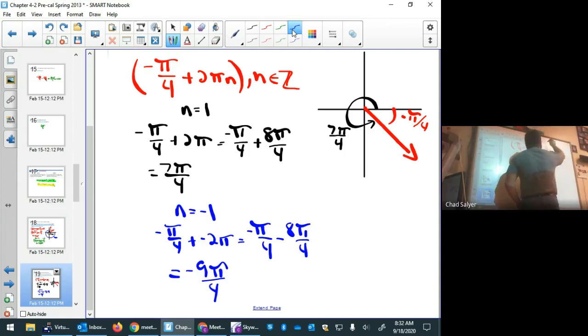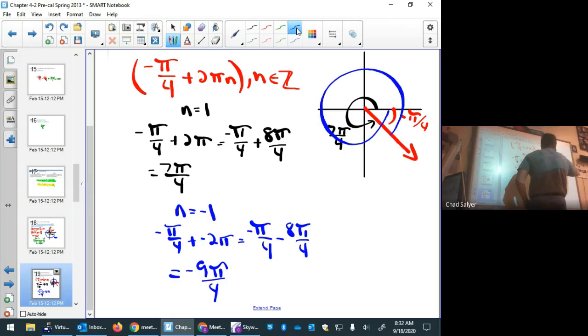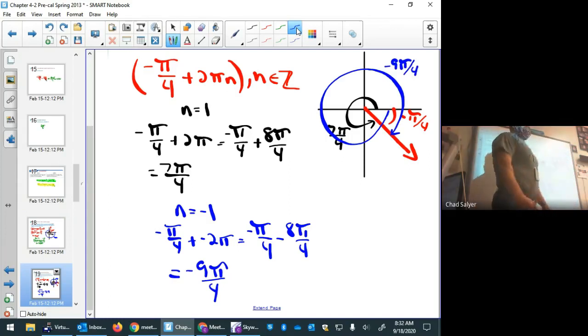And that one is going to be difficult to draw on top of all this other stuff, but try here. Hopefully that mess looks decipherable. So we have a positive and a negative coterminal angle.